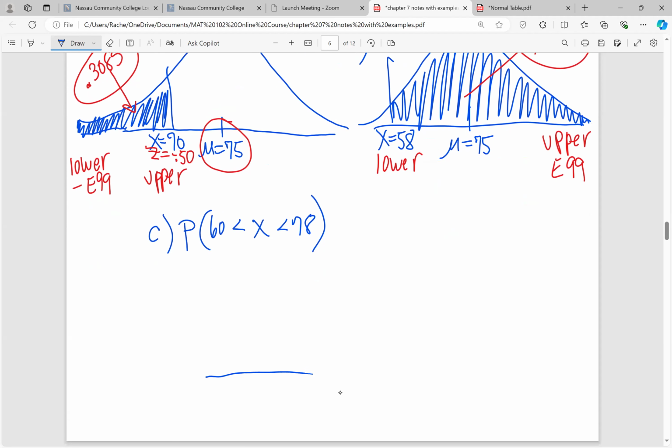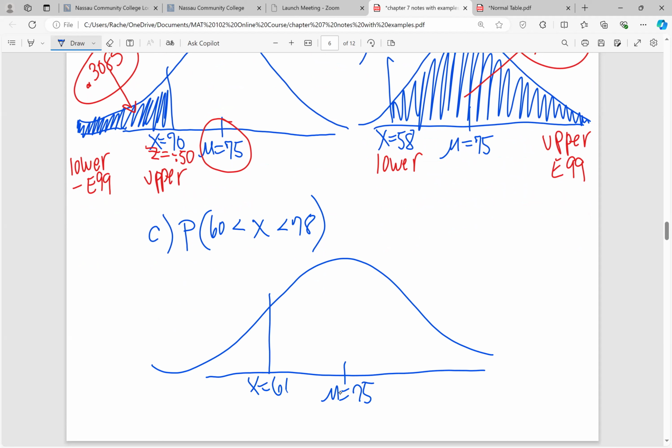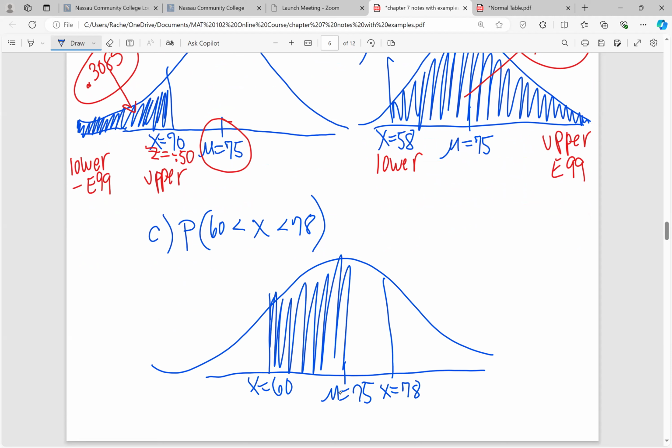So let's sketch our picture. Normal curve, mu equals 75 in the middle. And 60 is less than 75, so I'm going to put X equals 60 to the left. And then 78 is bigger than 75, so I'm going to put that to the right of 75. And we're shading between.